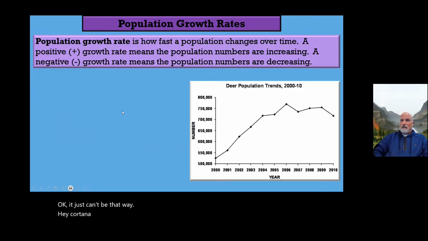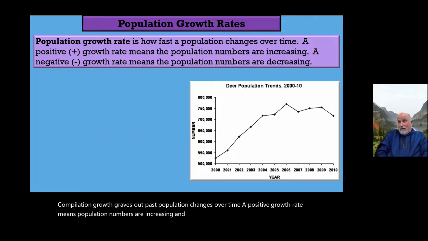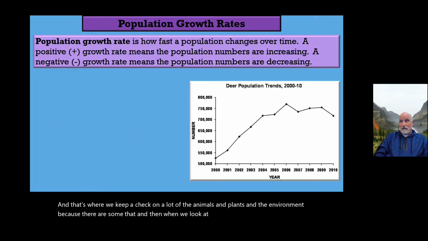Okay, population growth rates. Population growth rates: how fast the population changes over time. A positive growth rate means population numbers are increasing, and a negative growth rate means populations are decreasing. Okay, and that's where we keep a check on a lot of the animals and plants in the environment, because there are some that, when we look at them, become an endangered species, and that's what we're looking for.